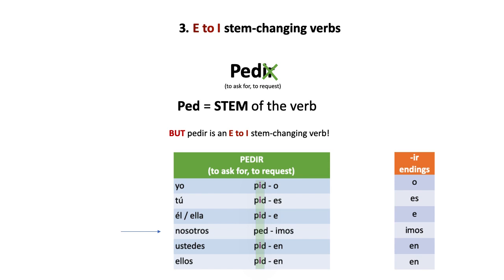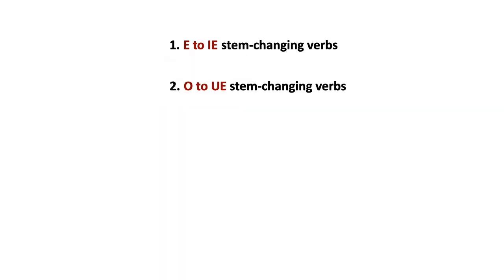Okay? So to recap, basically we have three groups of stem changing verbs. We have E to IE stem changing verbs. We have O to UE stem changing verbs. And we have E to I stem changing verbs.